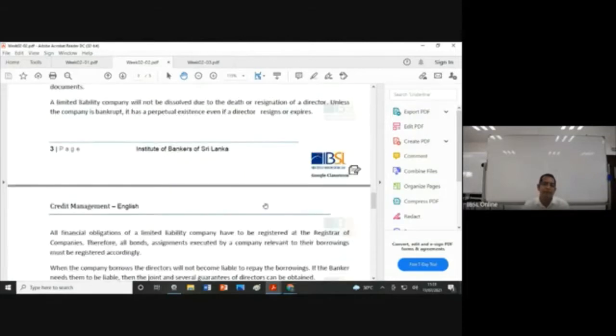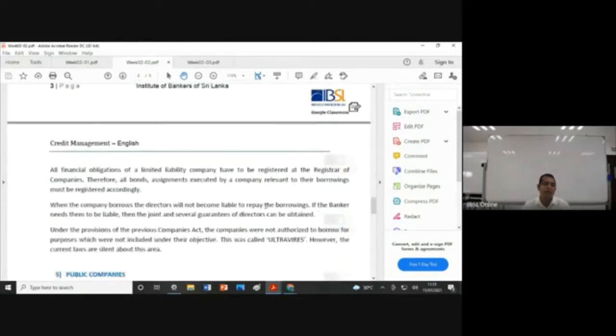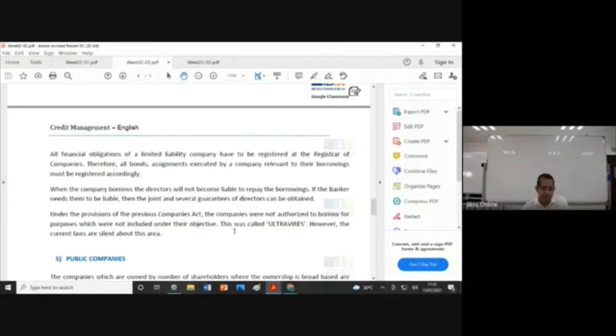Then you have, I covered this, unlimited liability companies are not authorized. All right, I didn't say this one. In the previous Companies Act, there was a clause saying these are the functions this company can do, objectives, right?